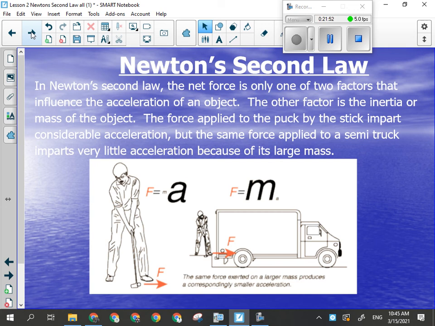If, for whatever reason, they decide they're going to take that same perfect swing, wind up and smoke this truck, well, now same force, huge mass, tiny acceleration, right? In fact, would we be likely to see that truck move at all? In the real world, no. Now, if that truck was on a frictionless surface, yes, you would see a very, very small acceleration.